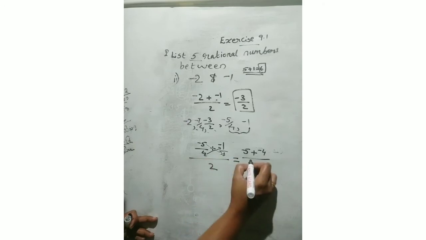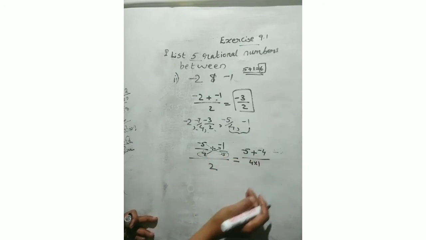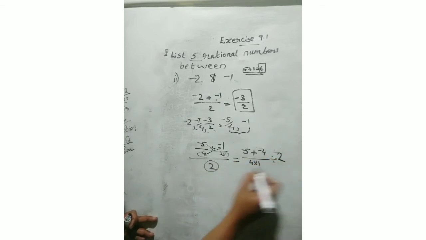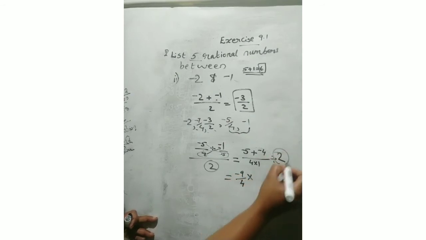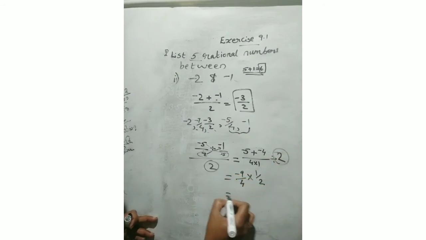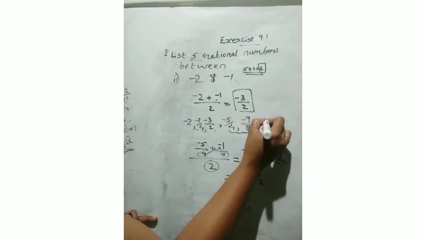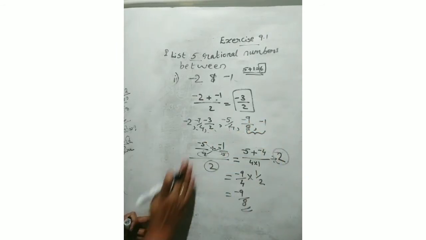Denominator we have to multiply 4 times 1. Okay. 4 new denominator divided by this 2. Okay. That is negative 9 by 4 times reciprocal of 2, 1 by 2, which is equal to negative 9 on 8. So here negative 9 on 8. Then negative 1. Next we can take these two numbers.